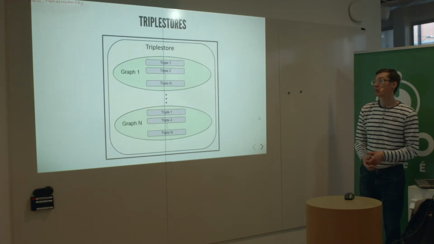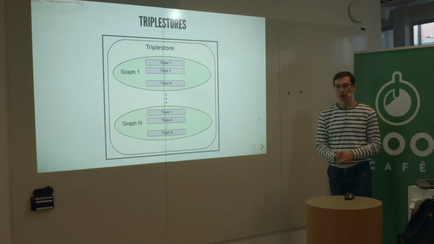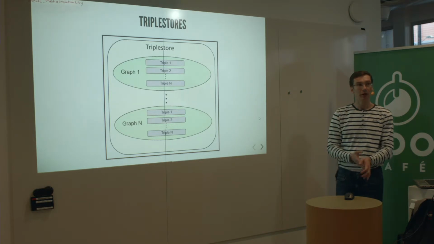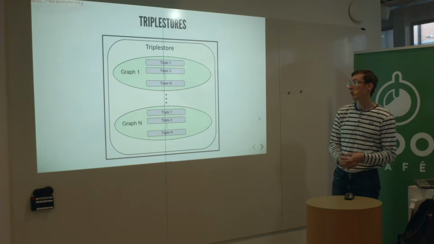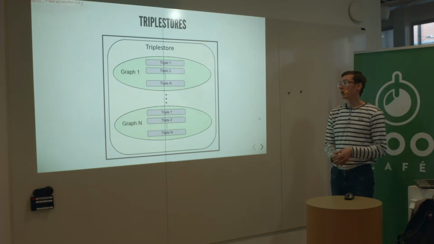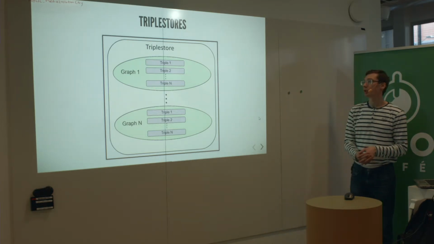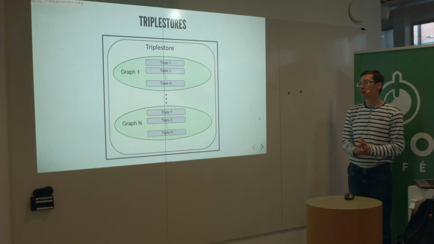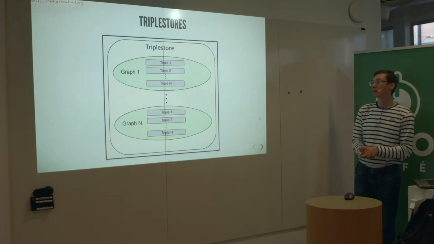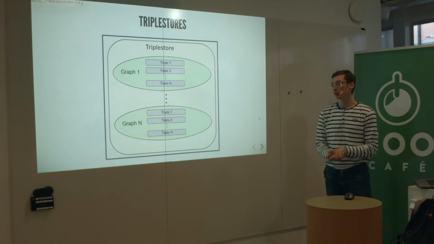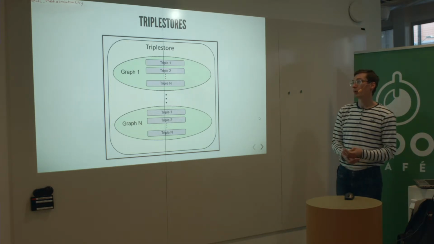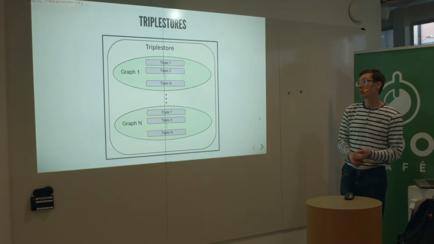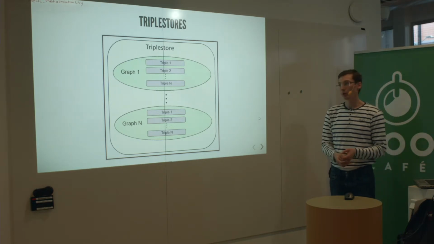And then the databases that have RDF as their native data format are called triple stores. And one extra feature that they usually have is that they group the triples into so-called graphs. It is kind of like an annotation of a subset of triples with an extra URL.